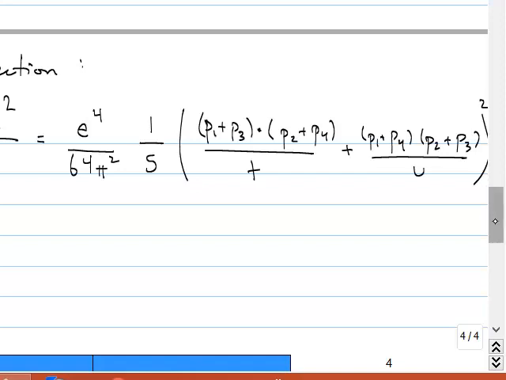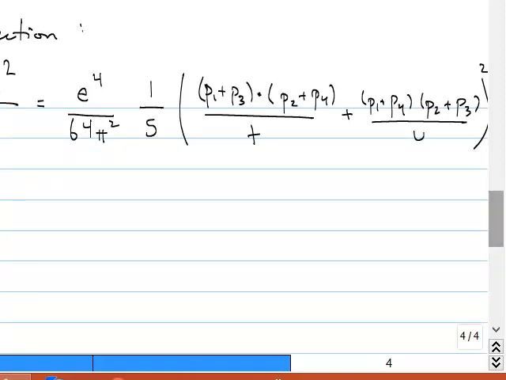Okay. So if you want to, you could go ahead and write this all out in terms of the Mandelstam variables. So for example, as we saw earlier, all of the various kinematic invariants for 2-to-2 scattering can be written in terms of Mandelstam variables. So it's easy enough to check. So what is this?